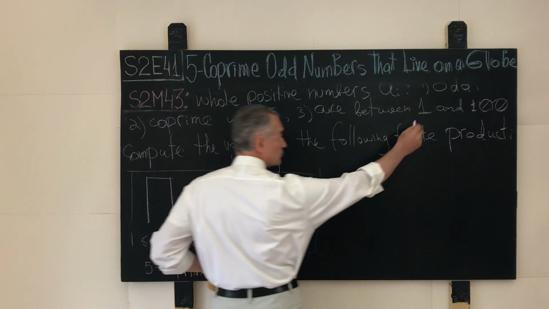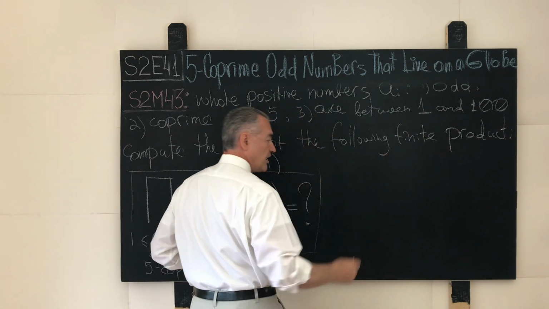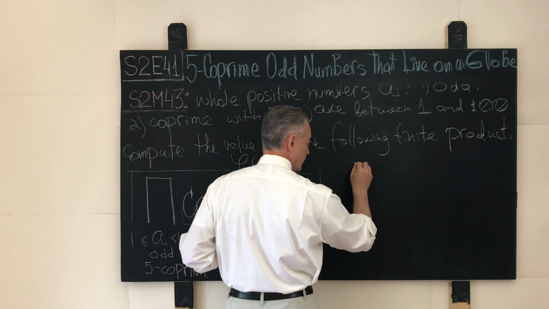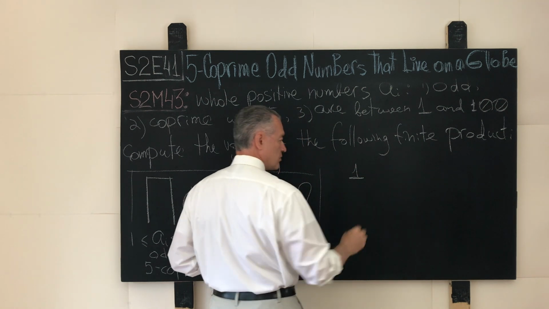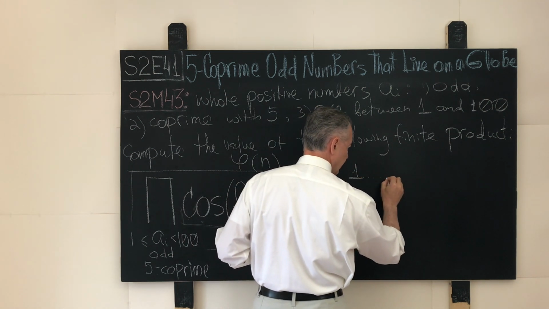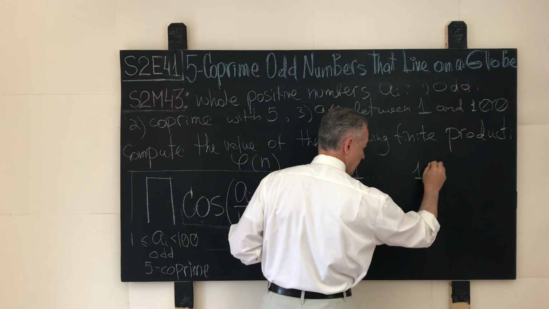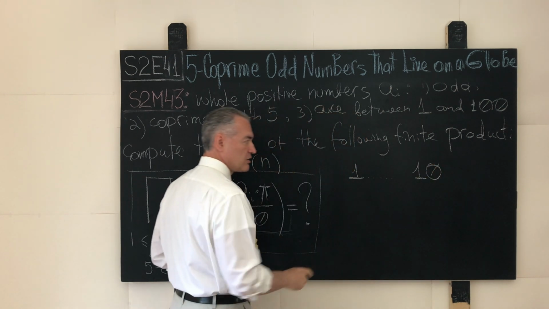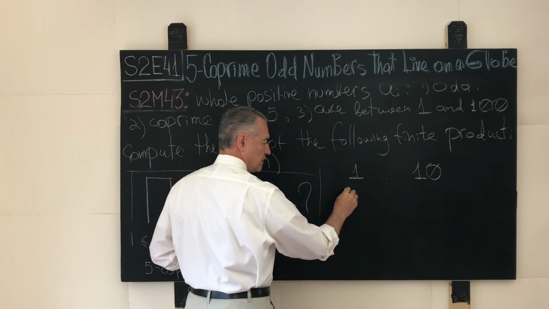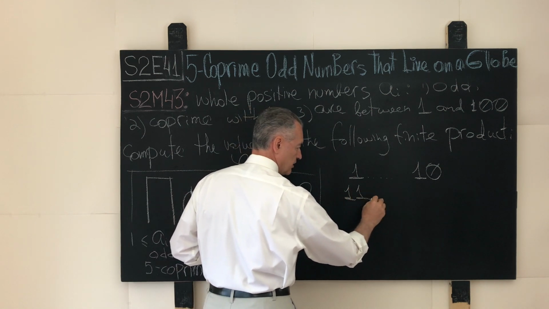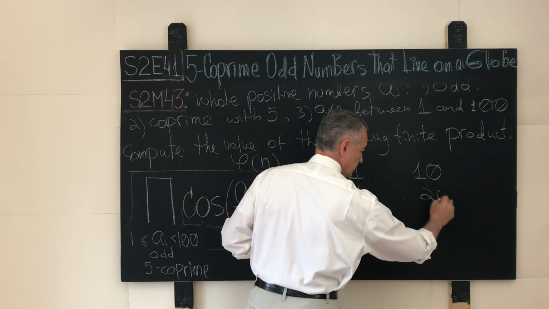Between the numbers 1 and 100, we have how many blocks of consecutive whole positive numbers that run in tens? Well, we have 10 such blocks. One such block runs from 1 to 10. Another such block will run from 11 to 20.